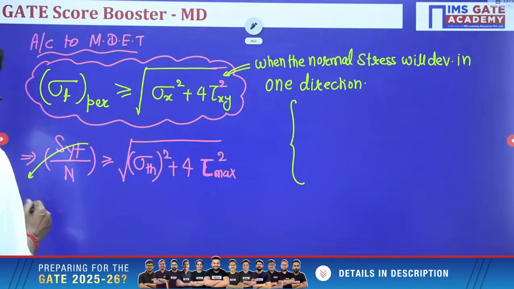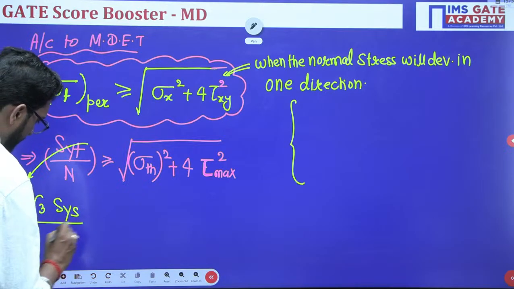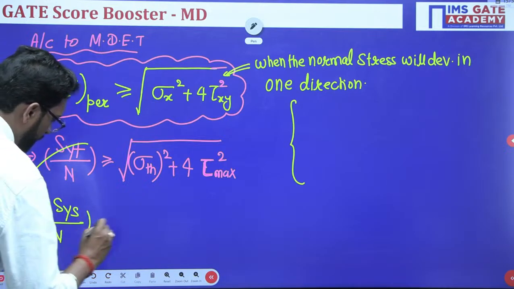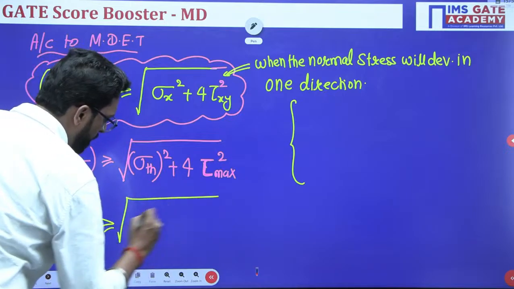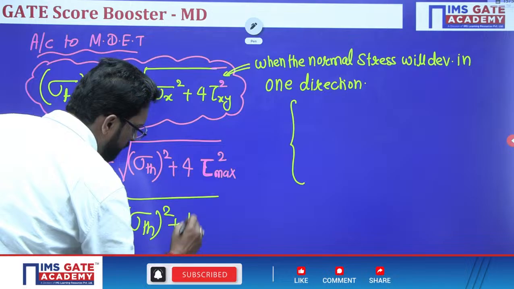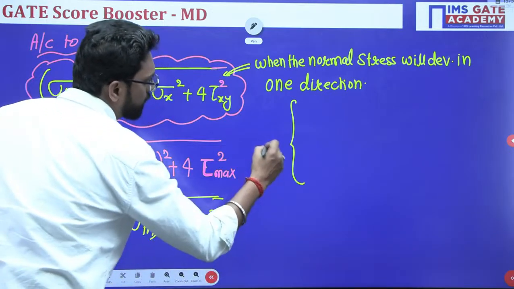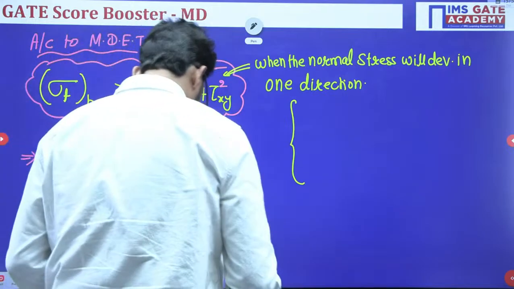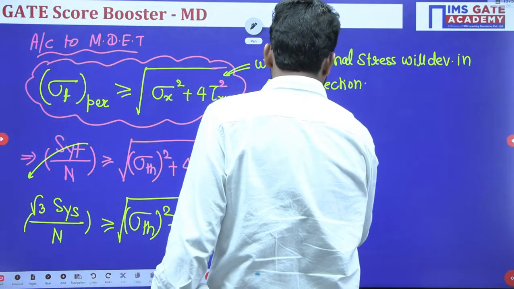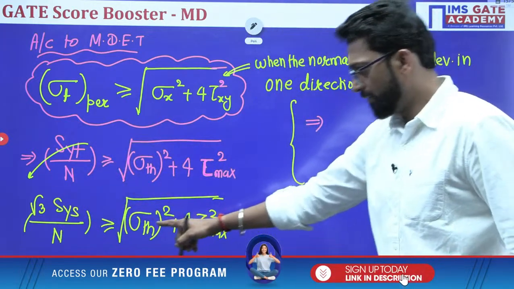we have to put root 3 SYS divided by factor of safety greater than or equal to square root of thermal stress square plus 4 tau max square. So from here, put all these values. SYS is given, root 3, thermal stress, tau.